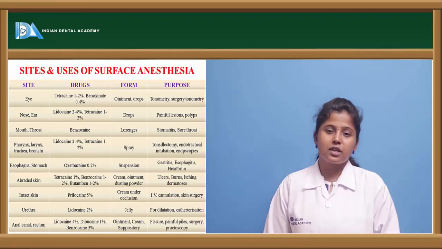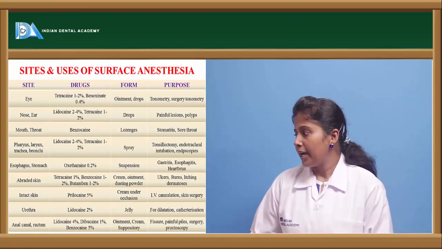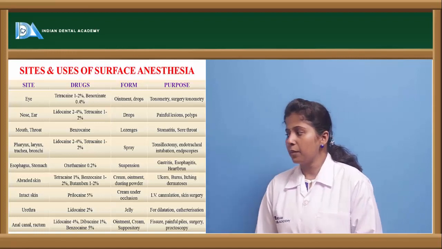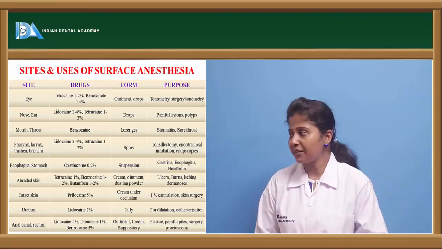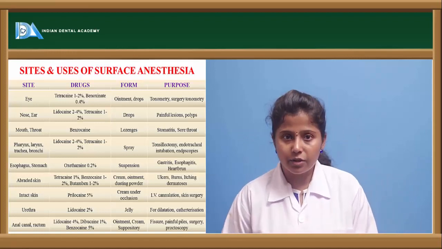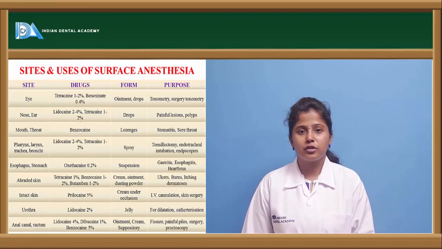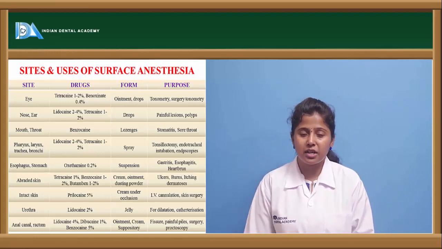Suppositories are formulations which are given through the rectal route, and these are used if the person is having piles, for surgical procedures of the anal or rectal region, or for fissures. These local anesthetics are preferred.